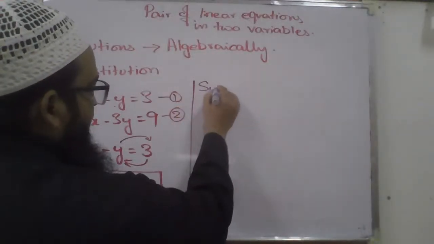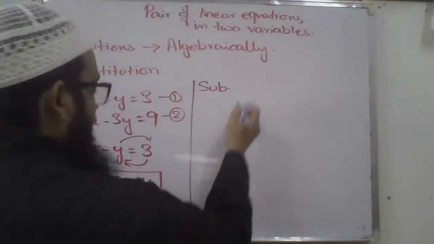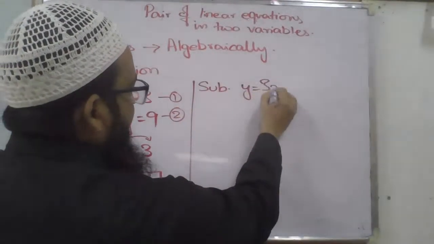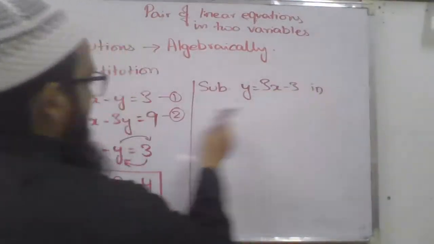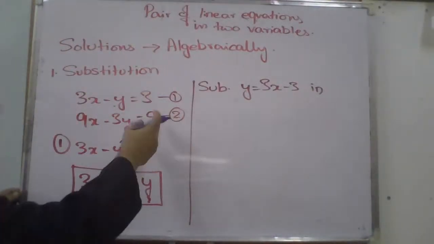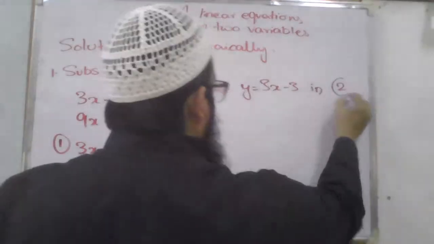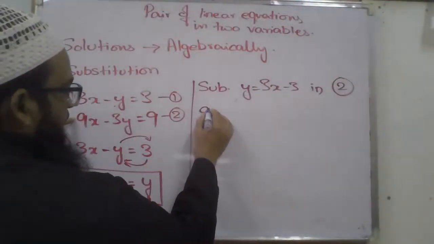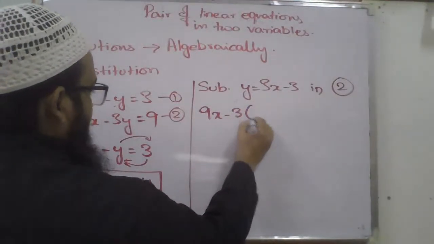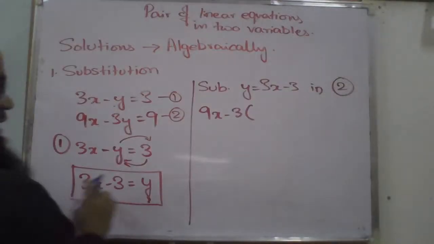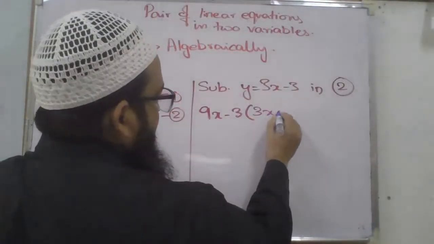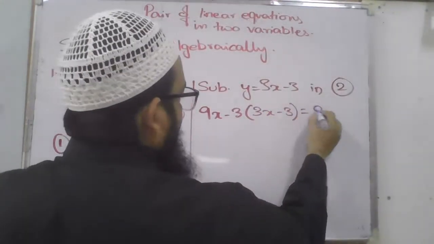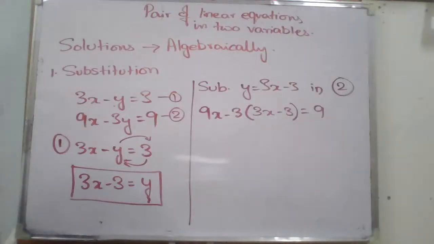Now, since I have taken it from the first equation, substitute y is equal to 3x minus 3 in the second equation. What is the second equation? 9x minus 3 times, in place of y, I should write 3x minus 3, is equal to 9. Understood, my dear students?